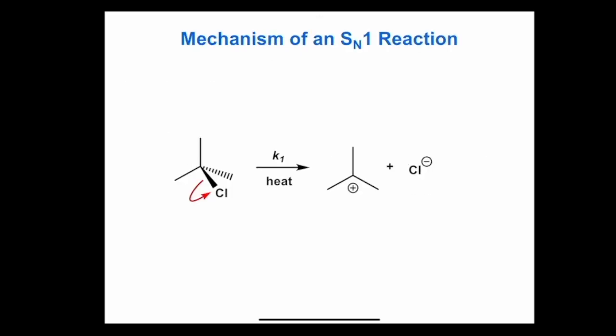That's why it's called SN1. It is unimolecular in the rate-limiting step. SN2 is a bimolecular rate-limiting step: one step where 2 molecules have to come together.